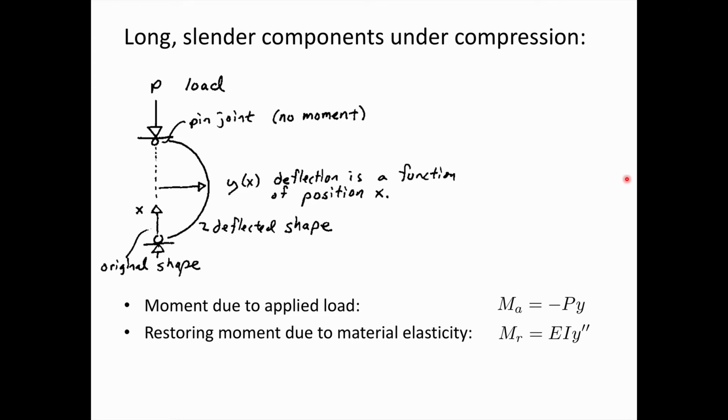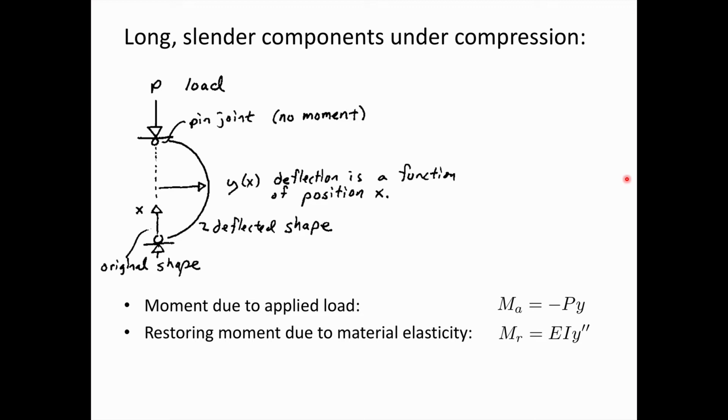Now, there's going to be a restoring moment. The material is going to be pushing back against this applied moment. And you may remember from your previous courses that this restoring moment, due to the elasticity of this material under bending, is going to be proportional to the curvature of basically a beam.